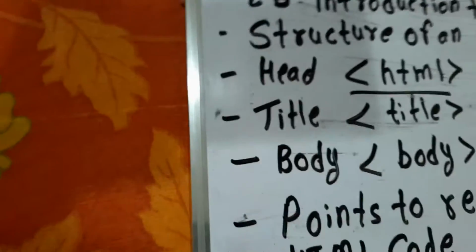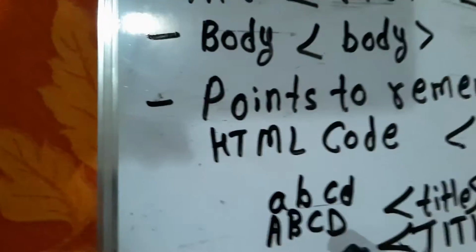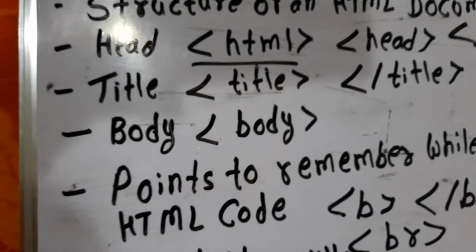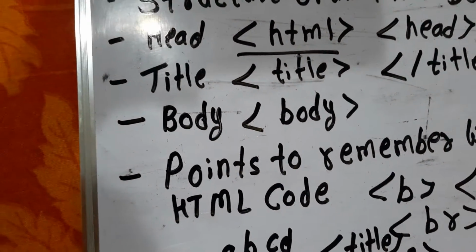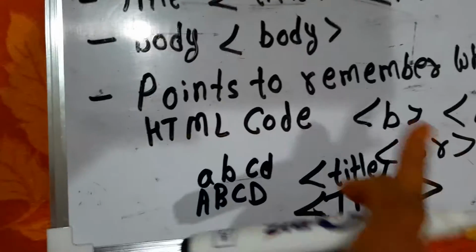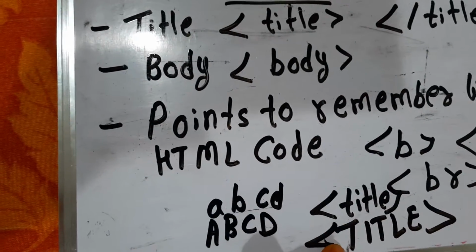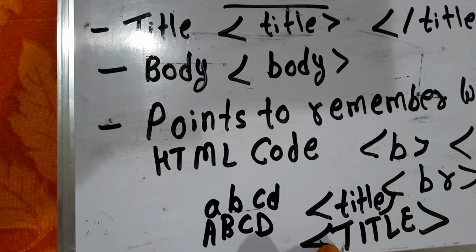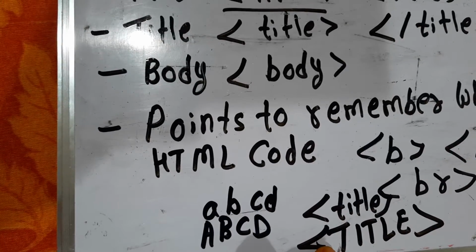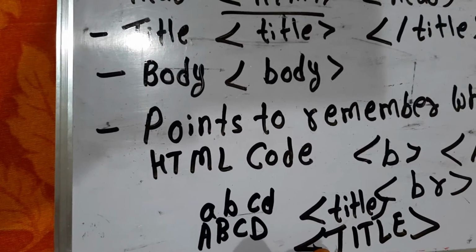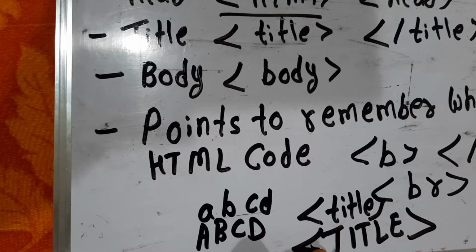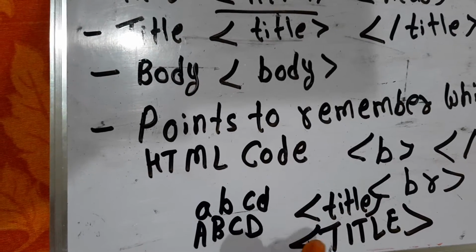The tag name and attribute names are not case sensitive. For example, title and TITLE are the same. However, as a convention, lowercase is generally used to write the tags in an HTML document.